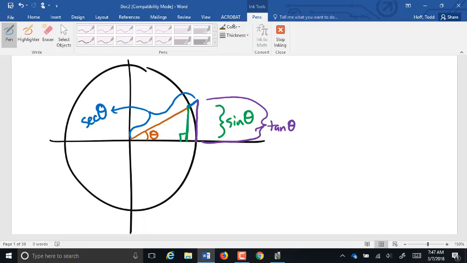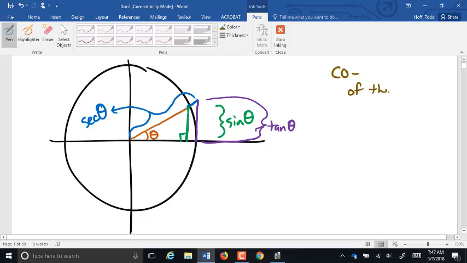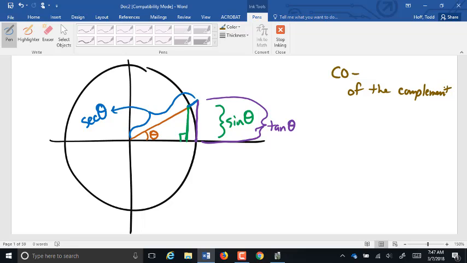Where does the cosine come into this? Remember that prefix co means of the complement. Cosine means the sine of the complement. So cosine of theta would be the sine of the complement of theta. Well, this here is the complement of theta because this is 90 degrees here, right?